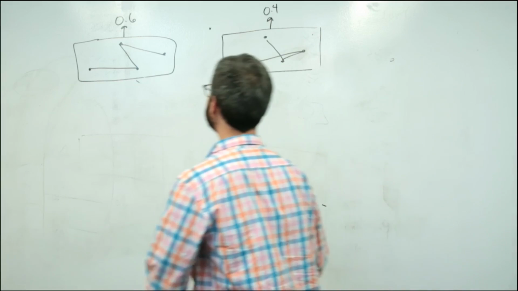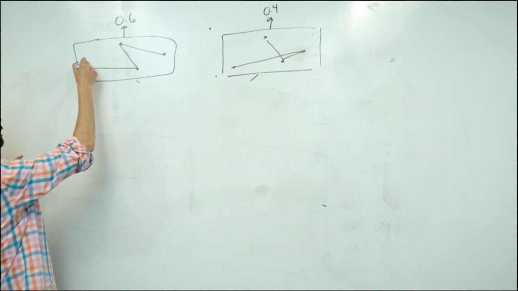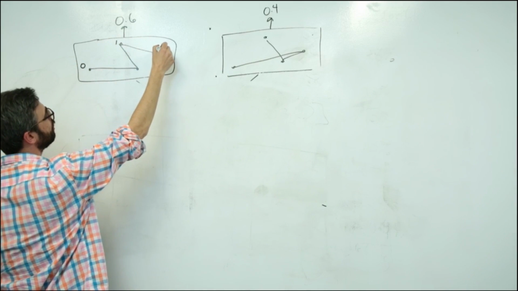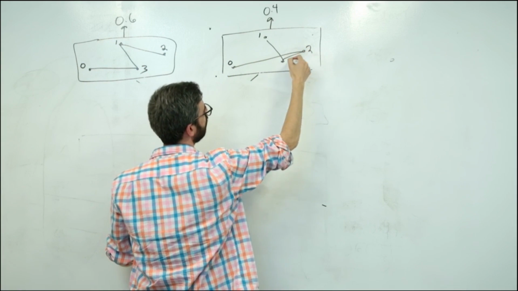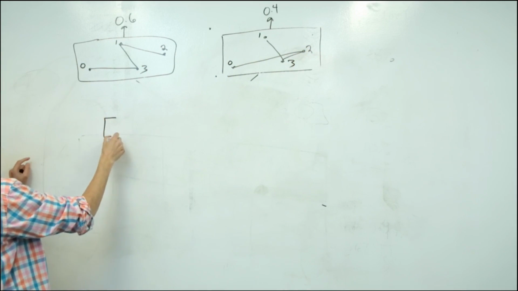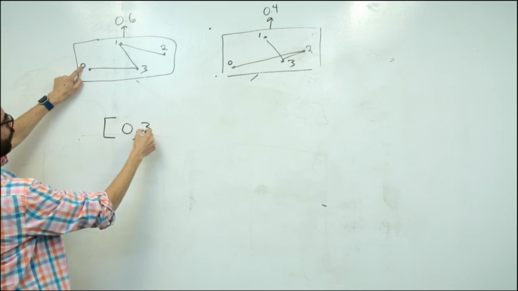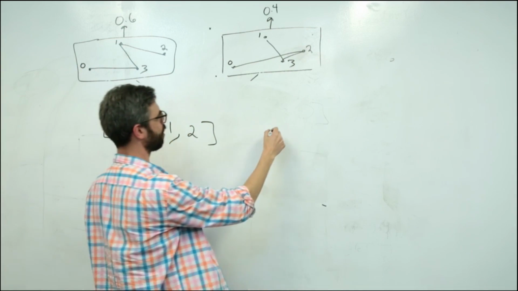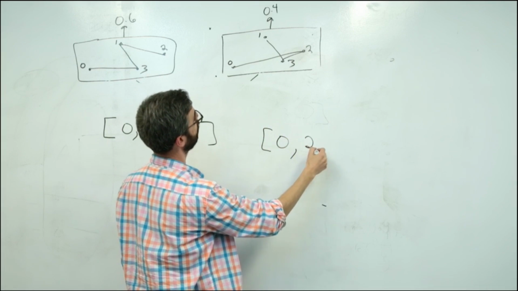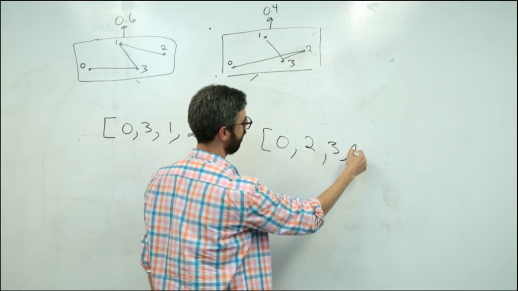So remember, let's say these were the orders, 0, 1, 2, 3. These are the index values, 0, 1, 2, 3. So one order is 0, 3, 1, 2. That's one order. Another order is 0, 2, 3, 1.